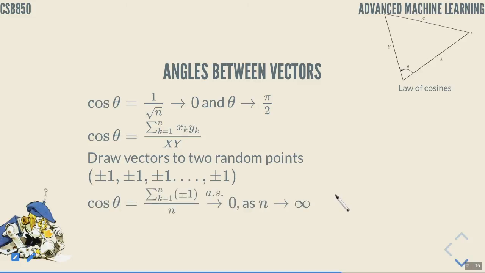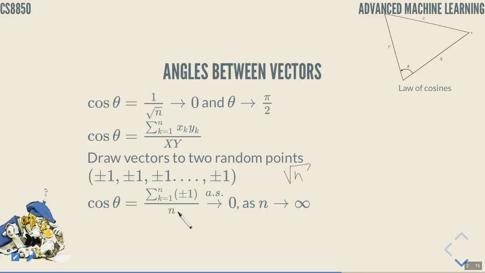And what we can show is that if we take 2 random vectors of this sort, as dimensionality n grows, there will be this ratio, the cosine, and this n is x·y because those vectors are all +1, -1. All of their lengths are square root of n.